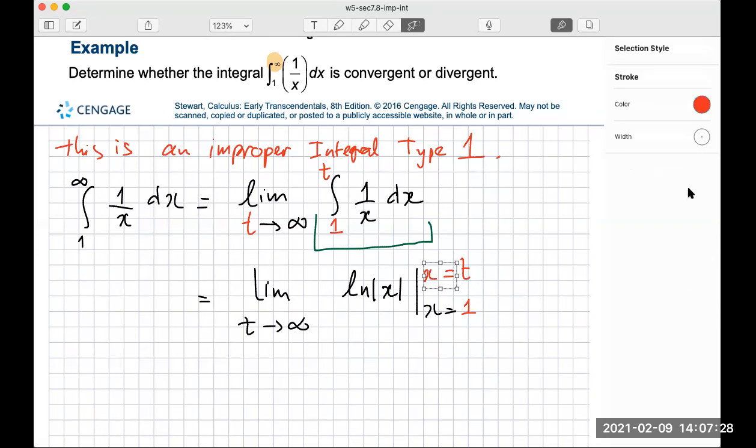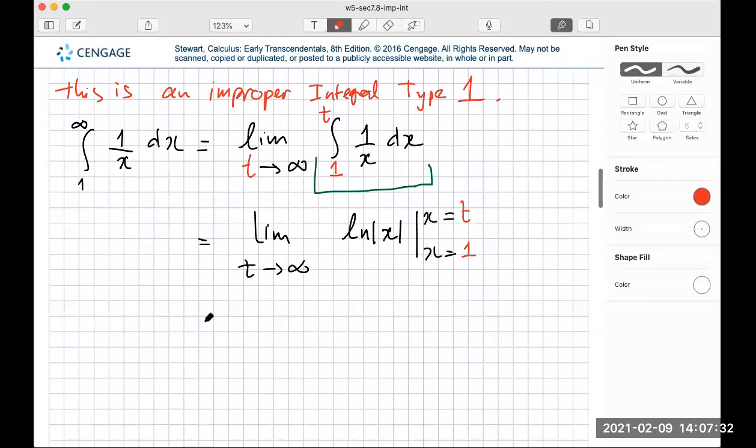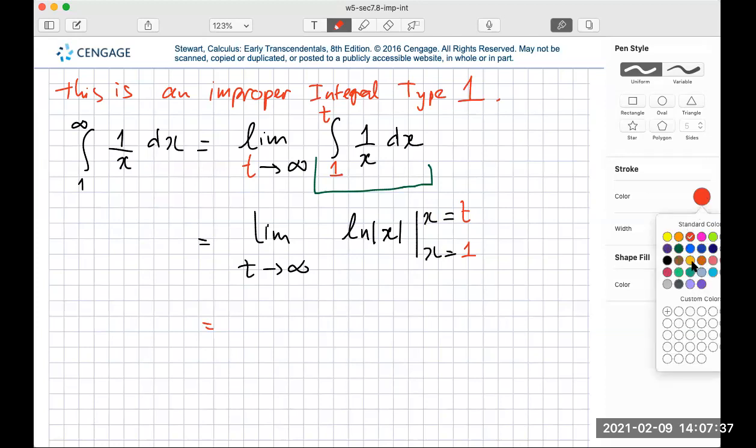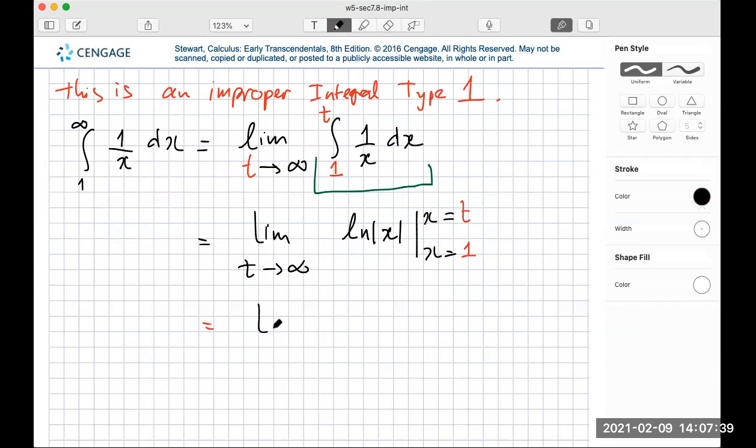Therefore, it will be the limit when t approaches infinity of natural log of t minus natural log of 1.